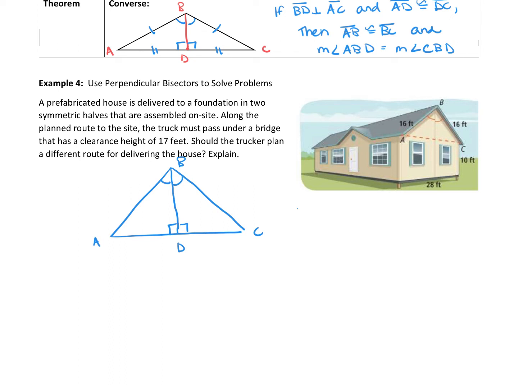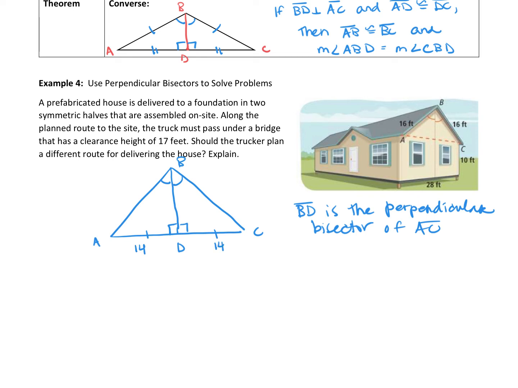So BD is the perpendicular bisector of segment AC. All right, so we know that segment AC is 28 feet because down here is 28 feet, so up here it'll be 28 feet. If BD is the perpendicular bisector, it did cut that in half. So we know that this is 14 feet and this is 14 feet.